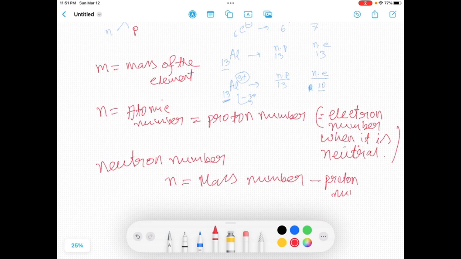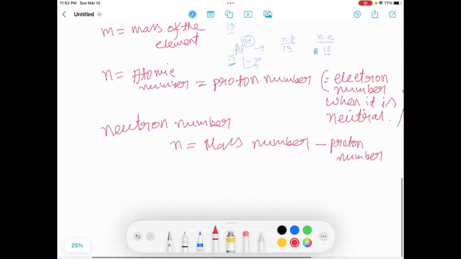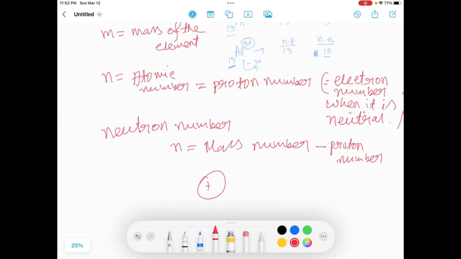Since in the atom your nucleus is positively charged, there are also other particles which don't have any charge, and combined, those two give you the mass number. So the mass number is the neutron number plus the proton number. So if you want to know the neutron number, it will be the mass number minus the proton number.